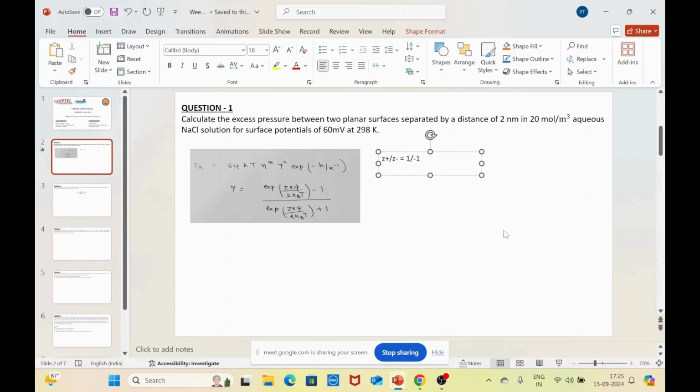And your psi, that is nothing but the surface potential, is given as 60 millivolt.